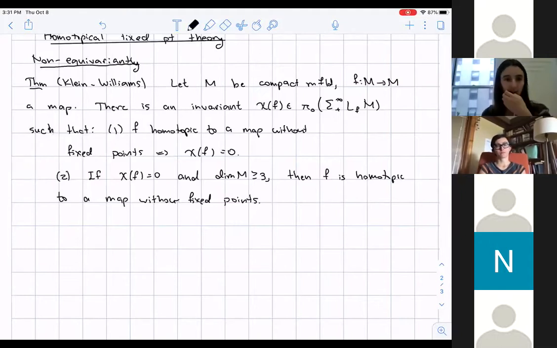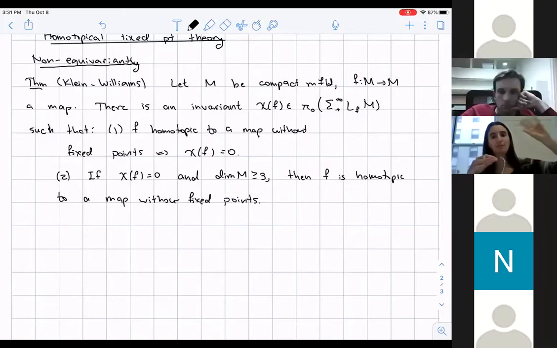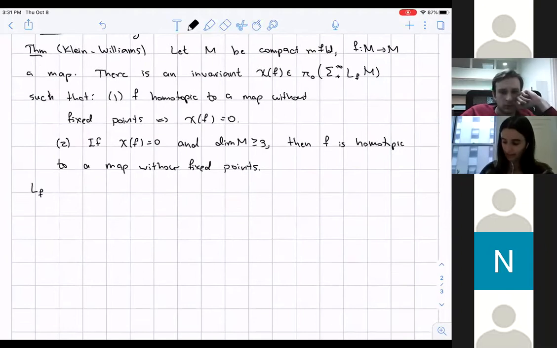This is up to homotopy anyway. This is just saying, can we homotope it to a map without fixed points? It makes sense that if manifolds are homotopy equivalent, then if you can homotope a map on one of them to not have fixed points, then you can do so for a map on the other.